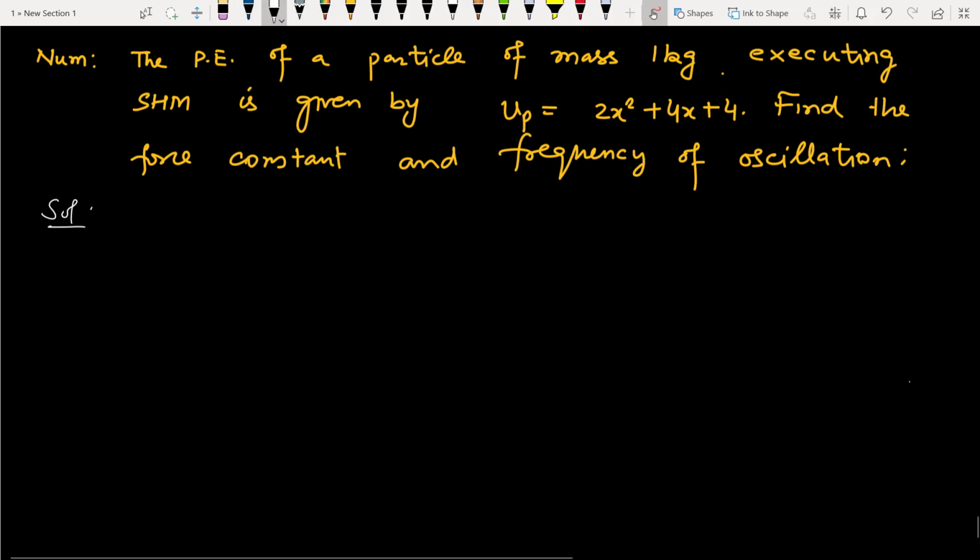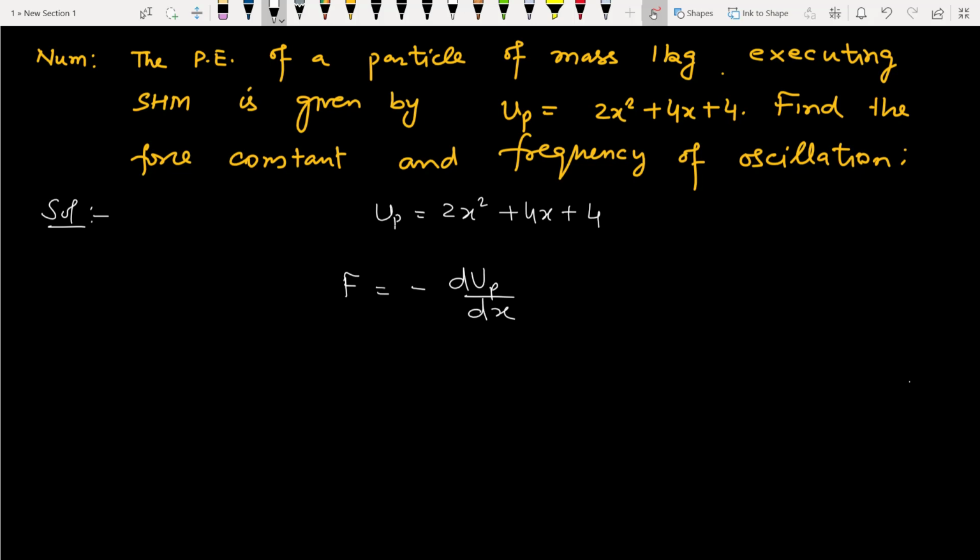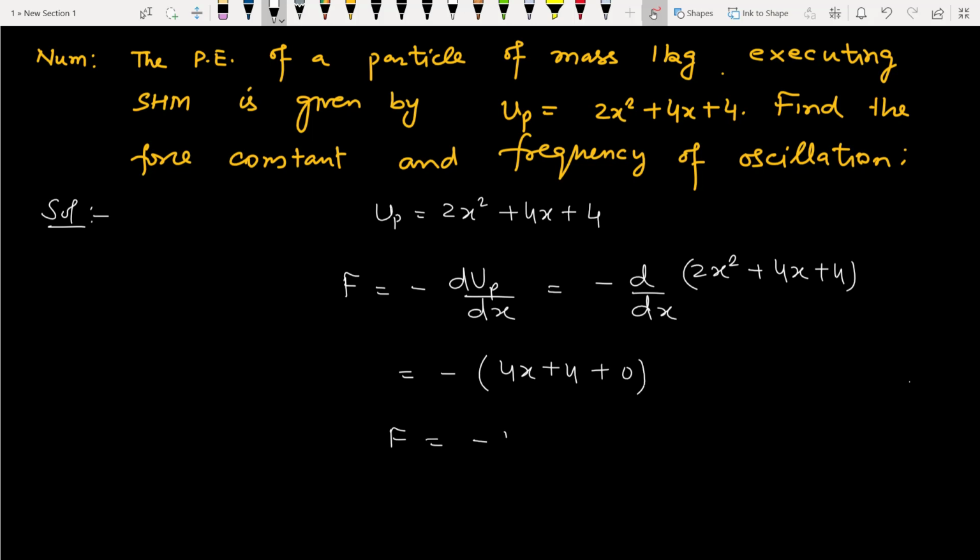Solution. So dear students, this is also a very important question. Potential energy is 2x square plus 4x plus 4. As restoring force is related to potential energy by the formula F is equal to minus dU by dx, we have to differentiate. So it is equal to 4x plus 4 plus 0. So 4 comes common, x plus 1.